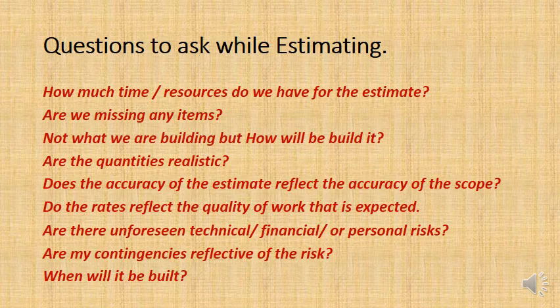That is probably the main reason for inaccuracy with early itemized estimates. We have forgotten to include certain items, because there can be lots of line items. And ask yourself not what are we building, but how will we build it?